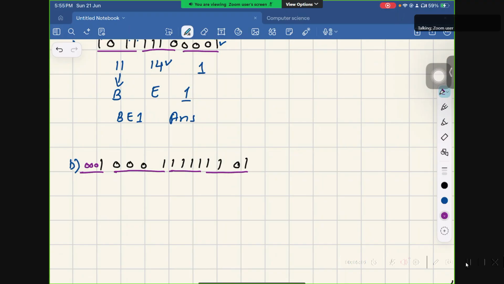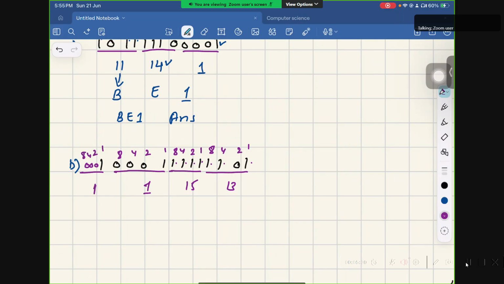So now, what would be the answer? 1, 2, 4, 8. We consider 8 plus 4, 12, and 1, 13. Again 1, 2, 4, 8: 8 plus 4 is 12, 13, 14, and 15. Then this group is going to be 1, and this one is 1 as well.